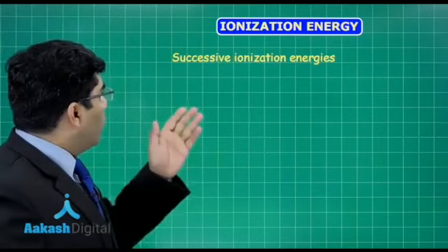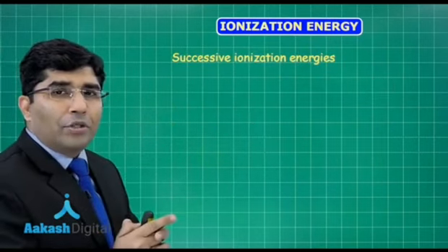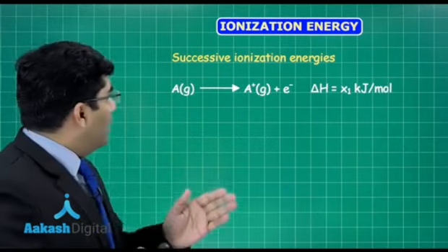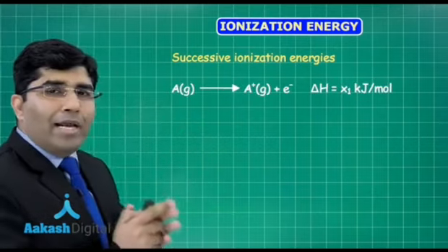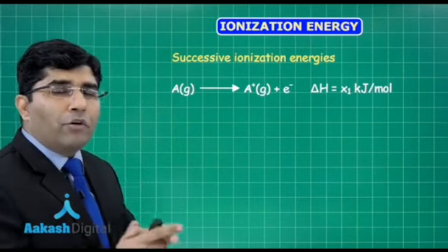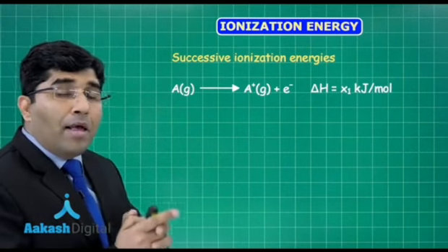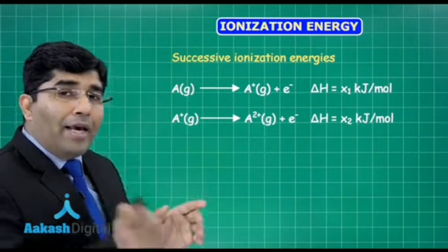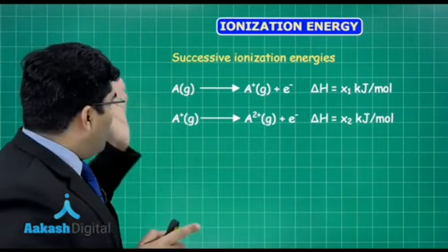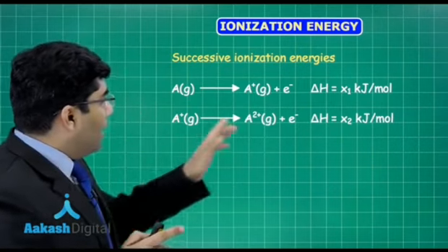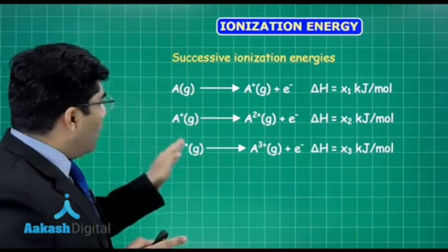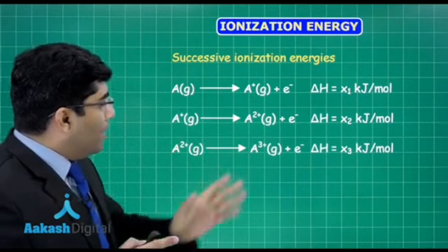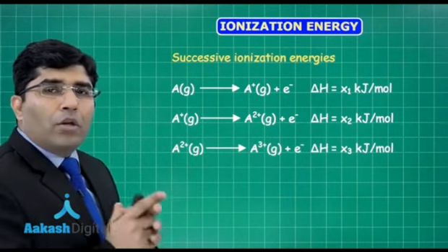Let's move on to successive ionization energy. Now if there is an element A in the gaseous state, suppose x1 energy is used to eject the electron from the valence shell, and we again eject the electron from the valence shell of A+, then x2 kilojoule is required, and from A2+ to A3+, x3 kilojoule is required.